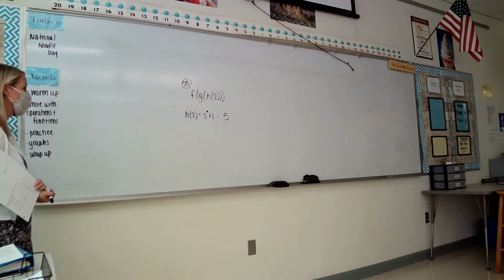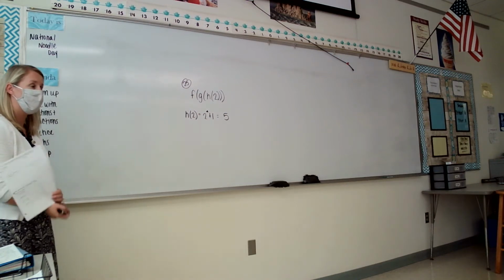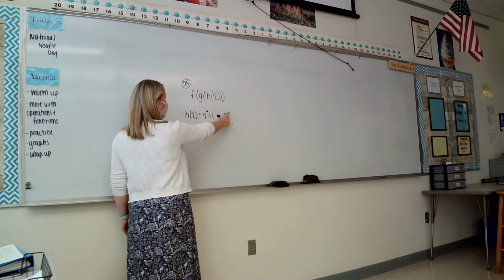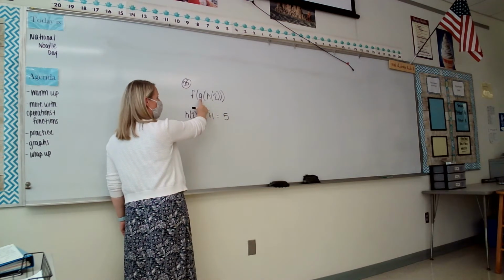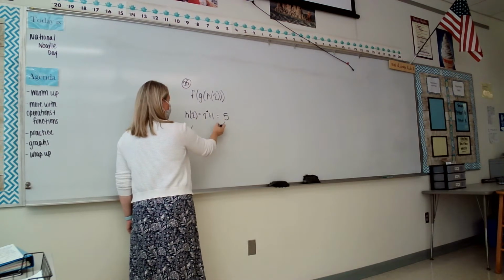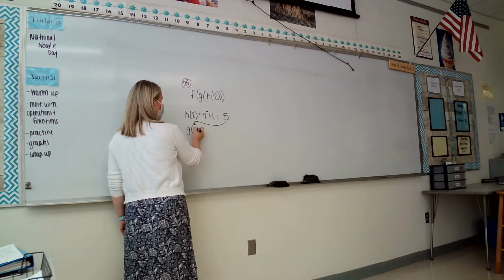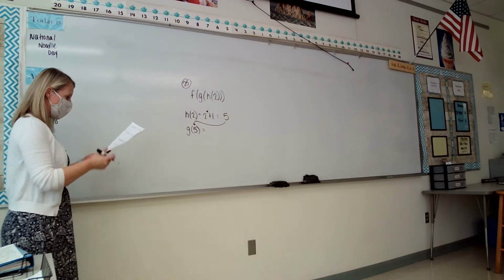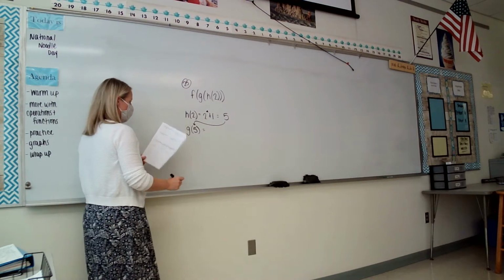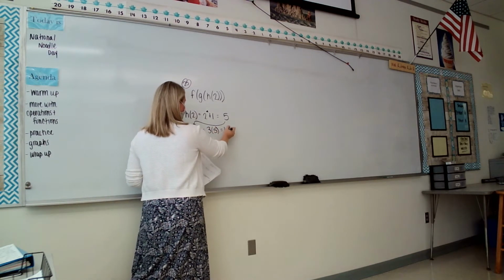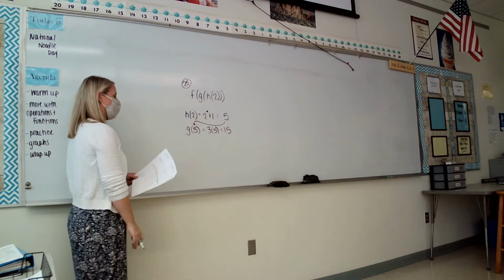Okay, that wasn't terrible. So now we're taking this output and that's gonna become our input as we work our way out. The next function was g. So now I'm gonna use this 5 as my input. In the g function, it's just 3 times x, so that would be 3 times 5. That gives me 15.